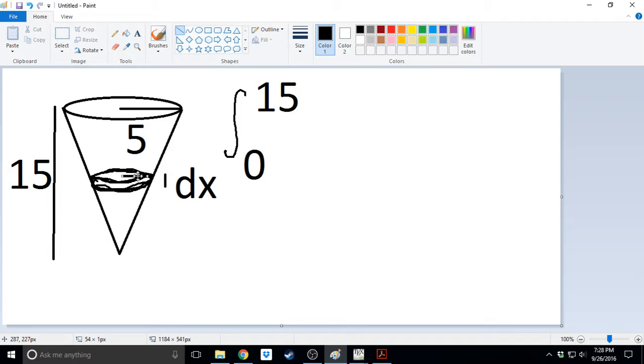So that means we have to find the radius. Radius squared times pi gives us the area of the base, the area of the circle. And then multiplying by dx will give us the volume of that part.